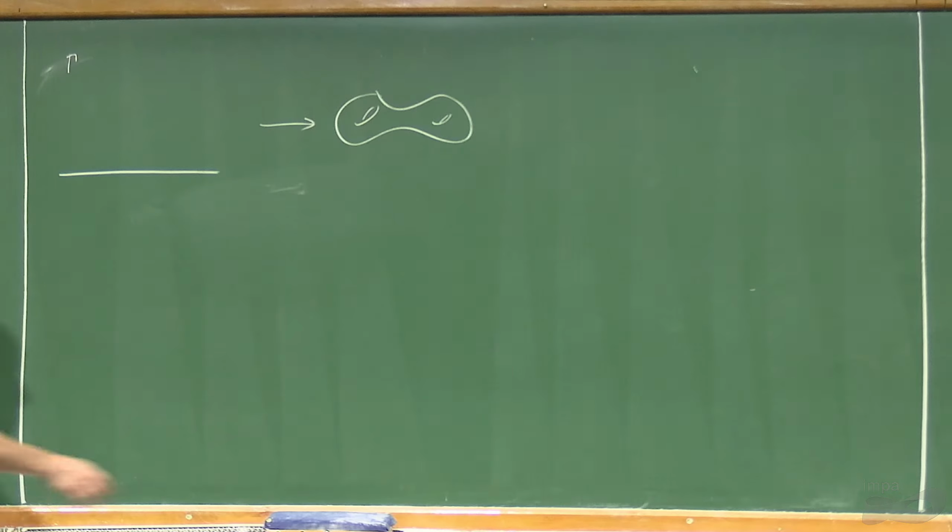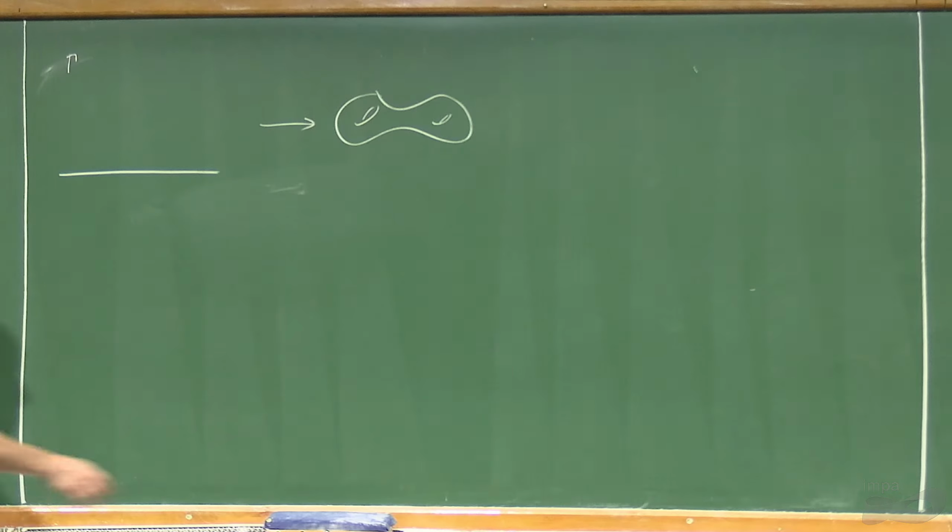The difference of two projective structures on a curve is a holomorphic quadratic differential. Let me tell you how this works. Imagine you have a complex curve, and on the same complex structure, you have two different projective structures.